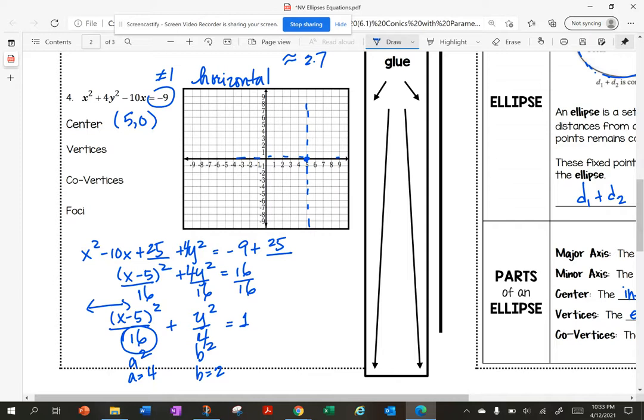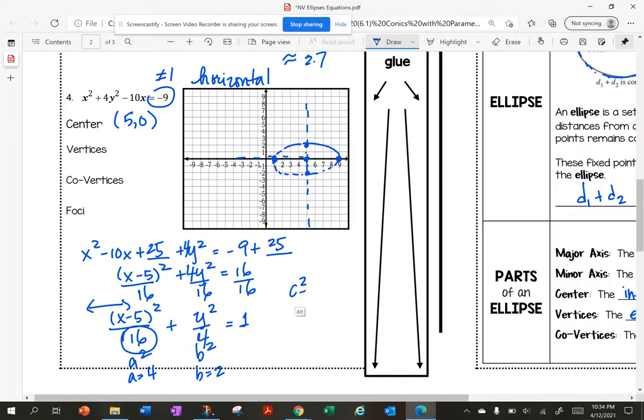Okay, my vertices are plus or minus 4, so 5 and 4 is 9. And I'm going to go up and down 2. 1, 2. 1, 2. Okay, and then I have to calculate c.